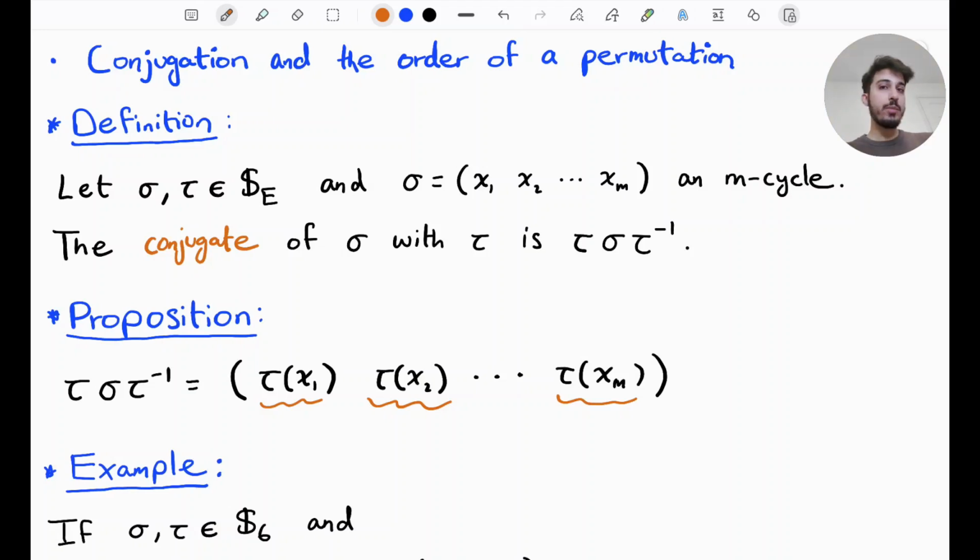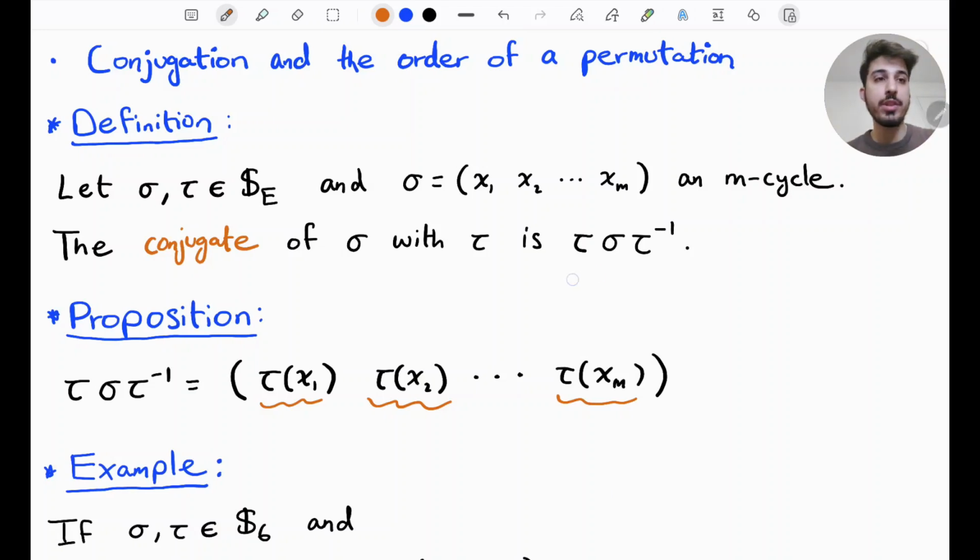Let sigma and tau be permutations in S_n, sigma being the permutation x1 going to x2, going to x3, going to xm, which goes back to x1, an m-cycle. The conjugate of sigma with tau, another permutation, is tau sigma tau inverse.